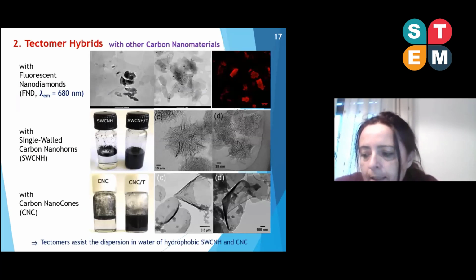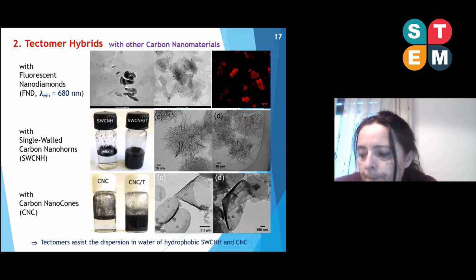We also studied the interaction of Tectomers and other carbon nanomaterials. Fluorescent nanodiamonds are attractive for in vitro and in vivo fluorescence imaging. These nanoparticles have abundant oxygen functional groups on the surface and attach well to the Tectomers, as confirmed by TEM.